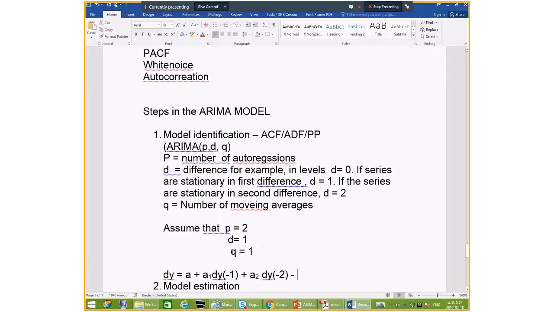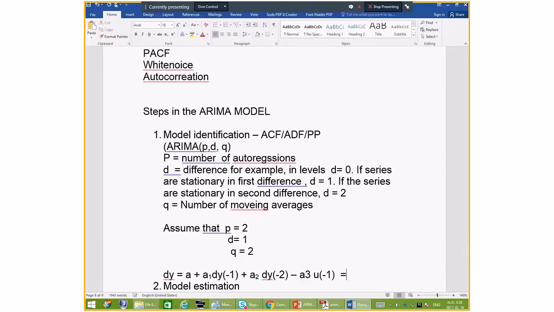Then here Q, it is the errors, the moving averages: a3 u(t-1). If we assume Q is 2, how to write it?